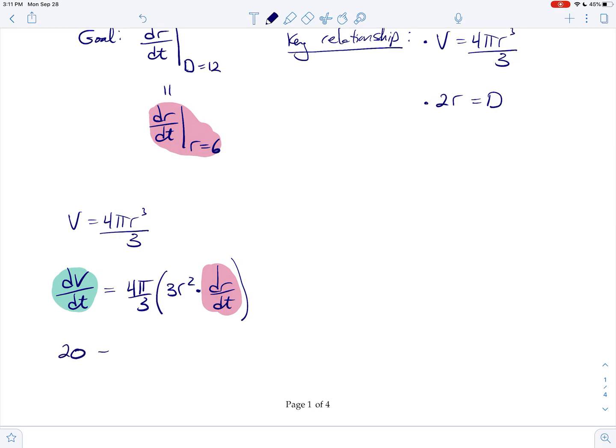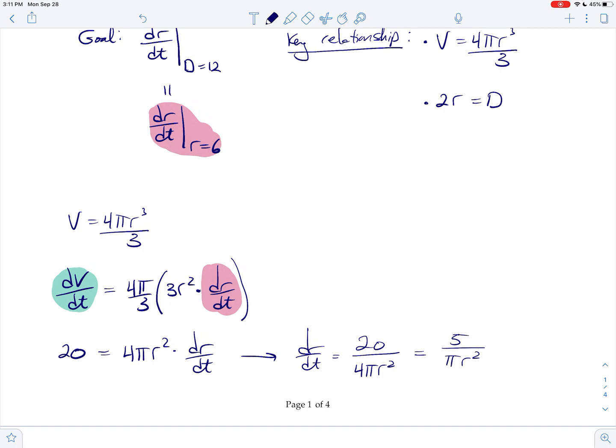And so you know 20 is equal to, let's cancel these 3's, 20 is equal to 4 pi r squared times dr/dt. And now you realize I don't just want dr/dt. I can solve, and I can get that dr/dt is 20 divided by 4 pi r squared. That's all fine. This is the same as 5 over pi r squared.